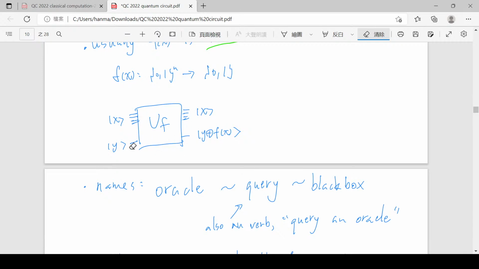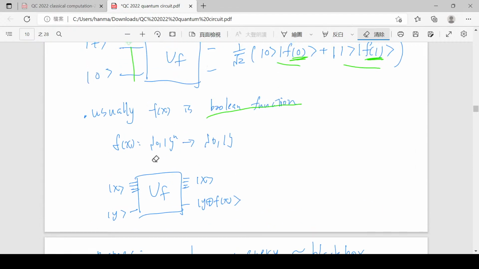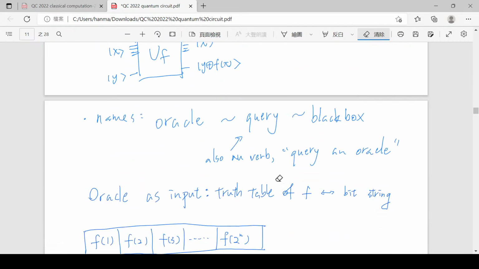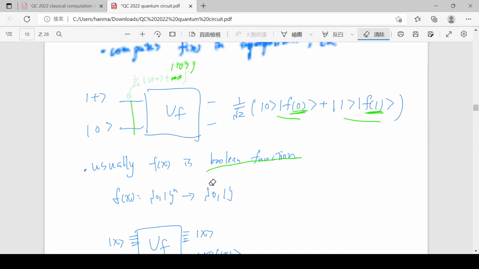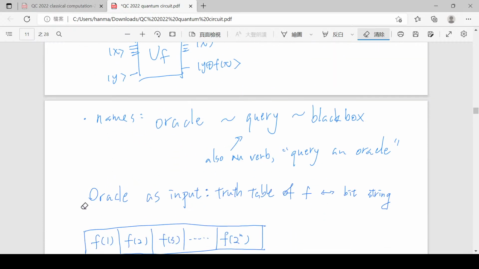So people will say you query the oracle, which basically means put this in your circuit and pay the computational cost, and you will get one copy of the answer out.